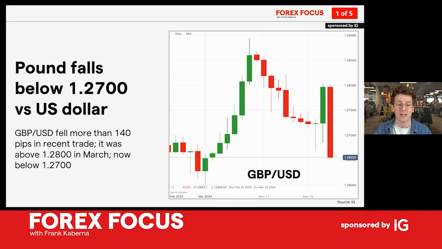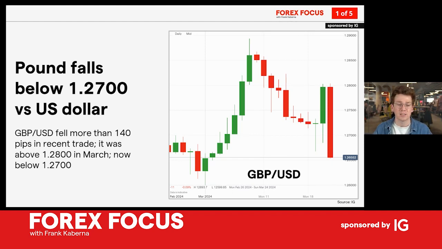And so with that context, to see 140 pips of downside in this pound is really, really significant, going from above 128 earlier in the month of March to now crashing below 127 and nearing those recent lows of around 126, and we'll see if they continue through those levels.